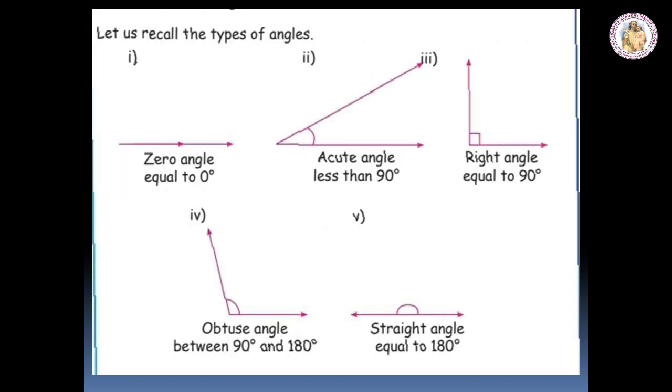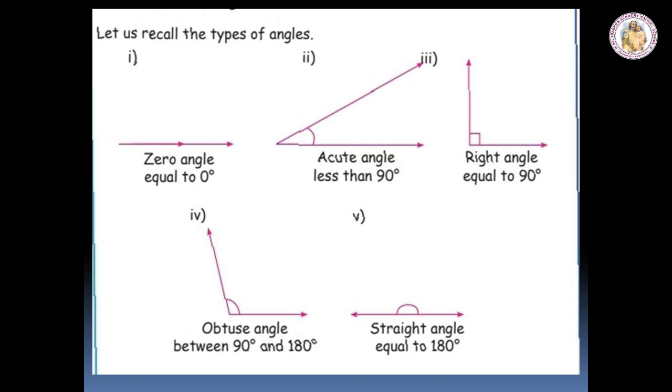Children, we have already studied what is angles. Let us recall the types of angle. First one, zero angle. Zero angle means the angle is always equal to 0 degree. If you keep the protractor, it always denotes 0. Second one, acute angle.